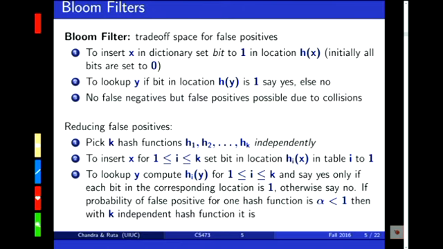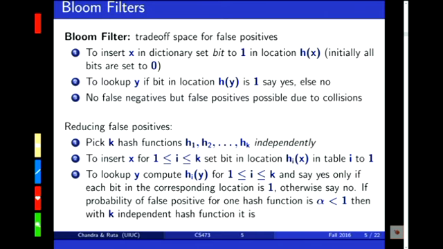Yeah. Use more than just one bit. So instead of just doing one hash, let me sample 10 hash functions independently. Okay? And every time I insert x, for all those hash functions, h_i of x, I set that bit to 1.